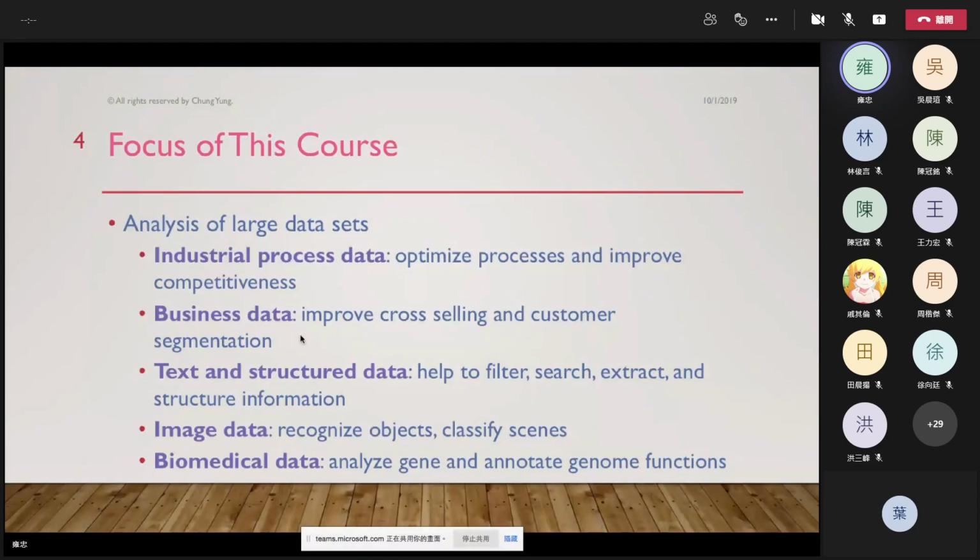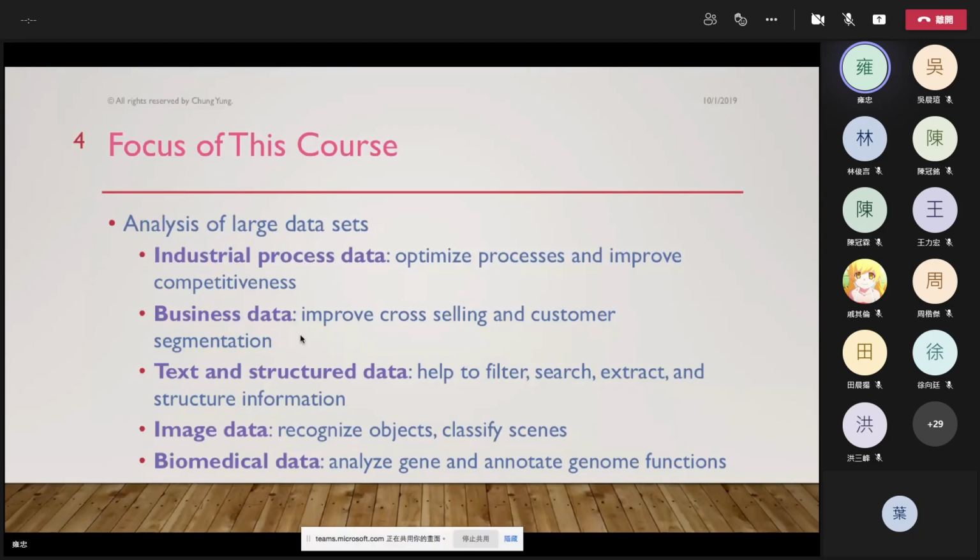And when we do analysis of large data sets, usually we use text and structured data. Basically, it is because our software techniques can process such data easily.